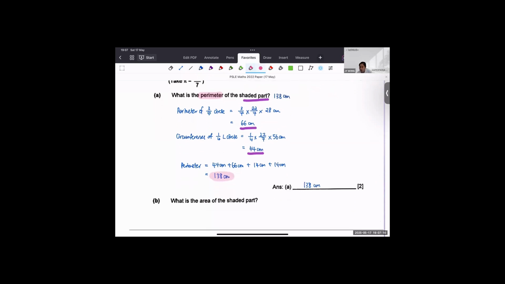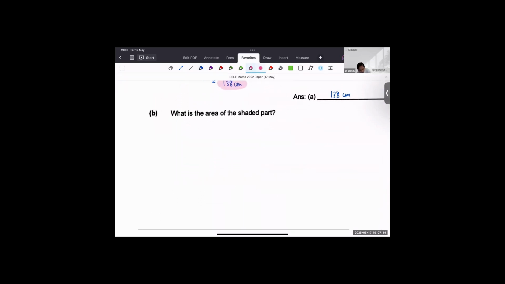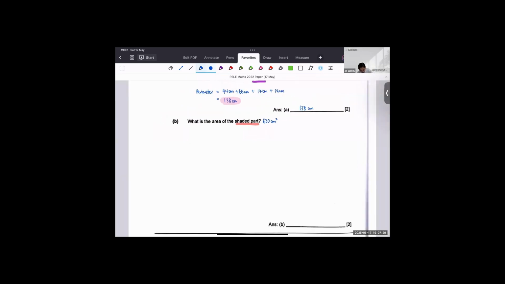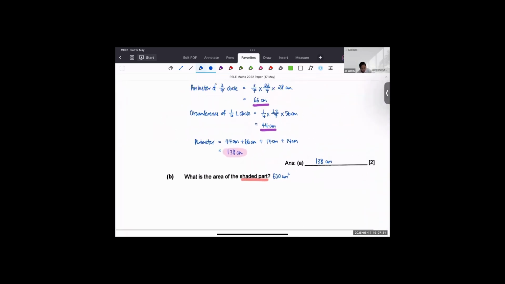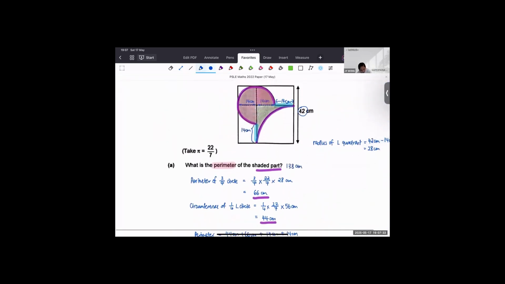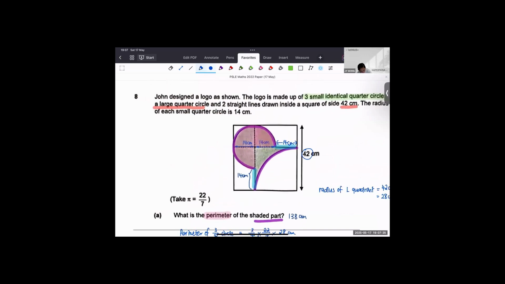Now, next question. What is the area of the shaded part? Those who have gotten 630 square centimeters, yes, you get your 2 marks. How to find the area of the shaded part? First thing, I will break it up into 2 parts. 2 shaded parts: number 1 will be this 3/4 circle, and number 2 will be this boomerang here.